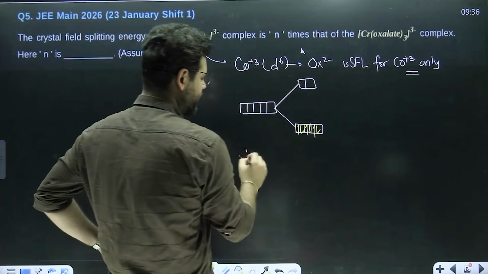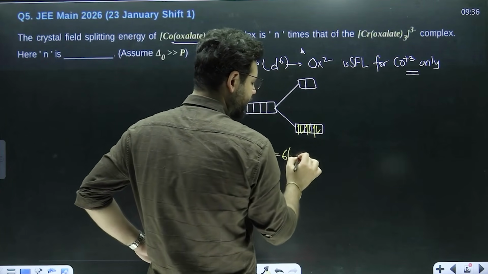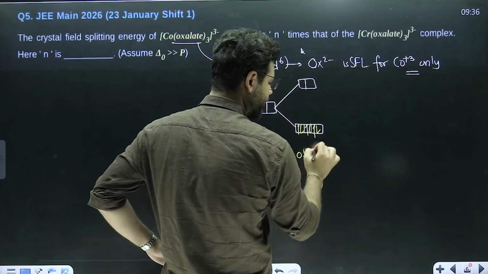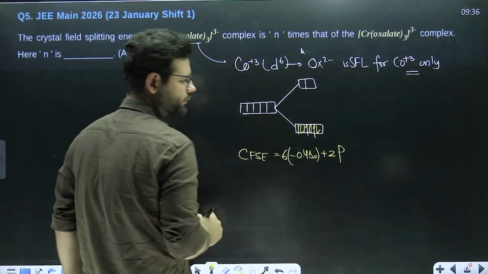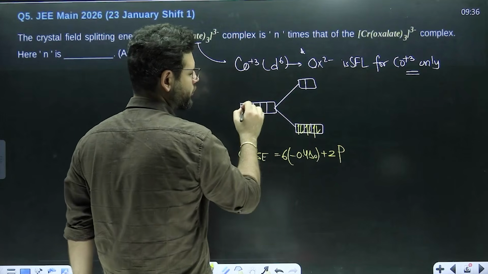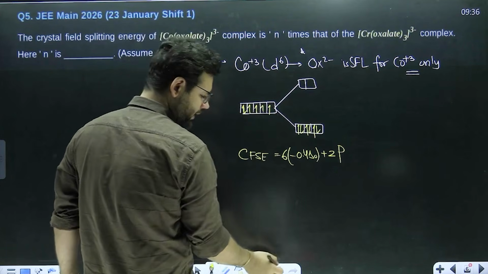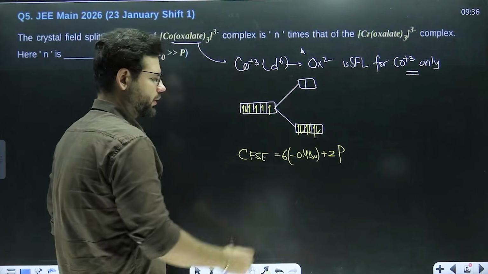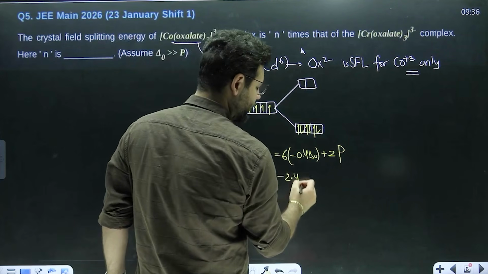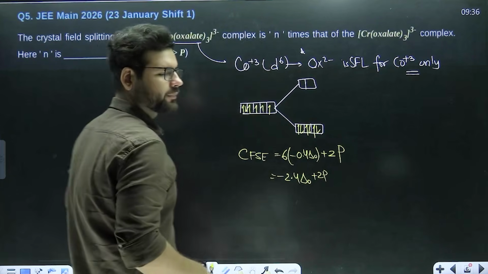So CFSE comes out to be 6 electrons at minus 0.4 delta naught plus 2 new pairs. Only the new pairs we have to take, as all of you know. Already one old pair was there. We don't have to count it. Only two new pairing energies are there. So it is minus 2.4 delta naught plus 2P. This is the CFSE. Right?